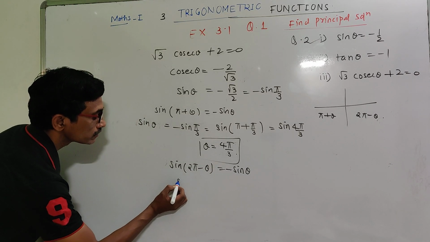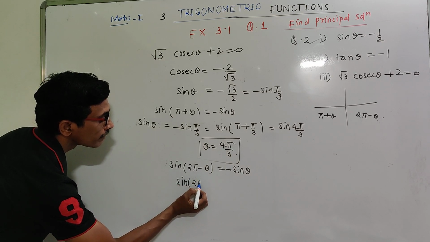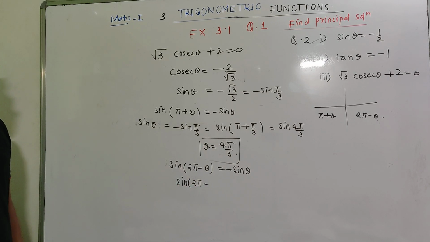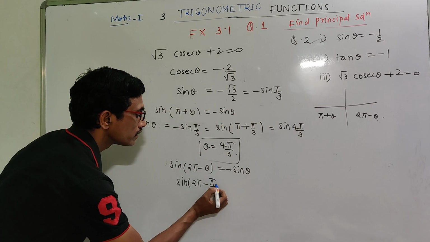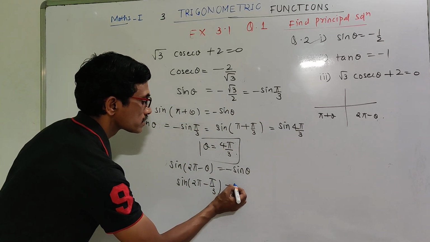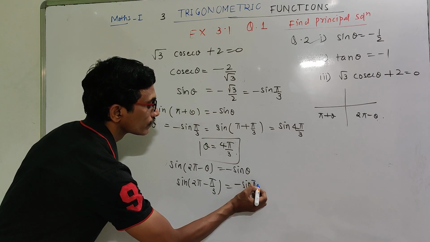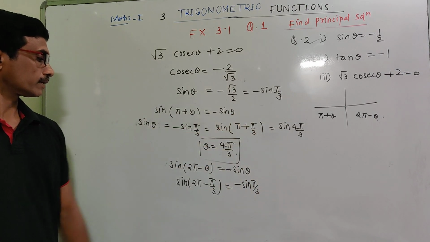So sin 2 pi minus, see our angle is pi by 3, that is minus sin pi by 3.